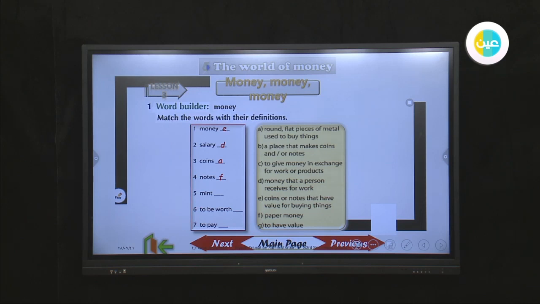Notes, paper money. Mint, it is B, a place that makes coins and notes. To be worth, it is G, to have value.